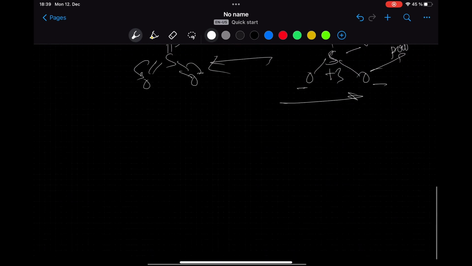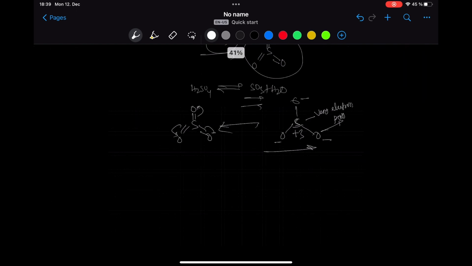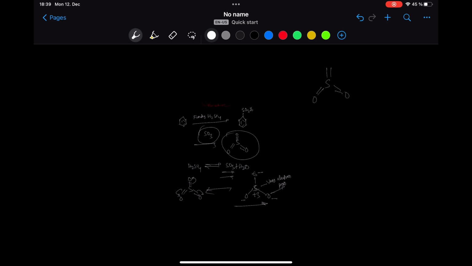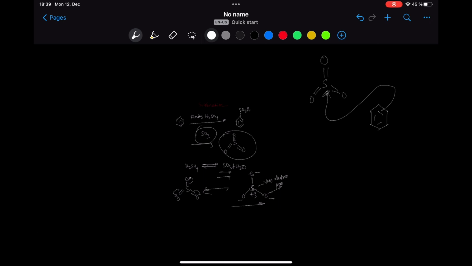Let's say we have this sulfur trioxide, and we have our benzene ring here, and one of the double bonds will attack the central sulfur atom because this is electron poor, and the double bond between sulfur and oxygen will shift on to this oxygen atom, right?